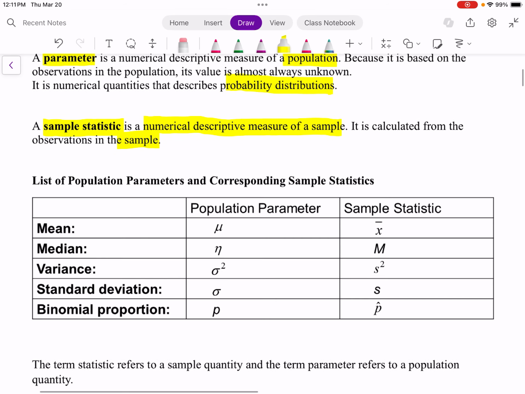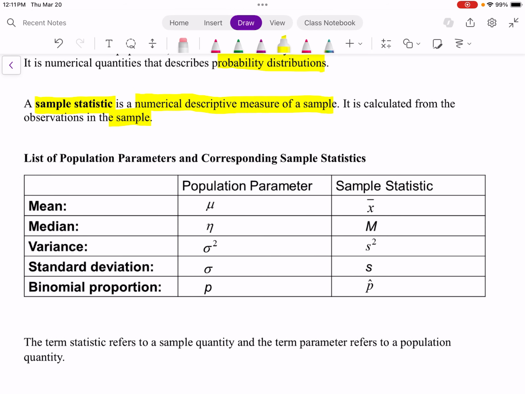Now here we have a table, the list of population parameters and corresponding sample statistics. So if we are interested in finding the mean for a population, we use mu to represent the mean of a population, and this mu is a parameter. Okay, if we are talking about the sample, the same mean is our statistic.